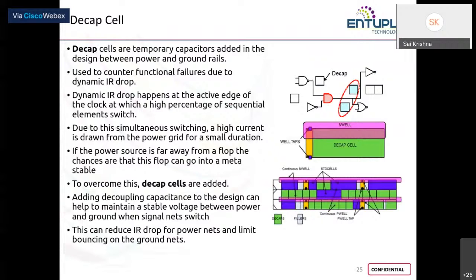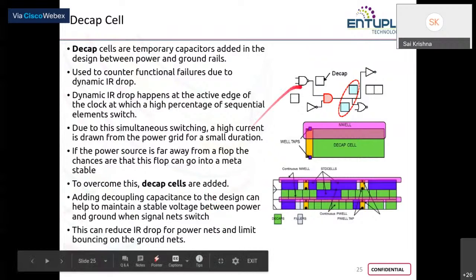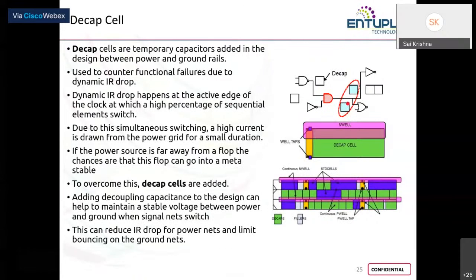And decap cells are your temporary capacitors that are added for your power and ground rails, and these are meant to cope with the failures because of IR drops, I mean the voltage drops.